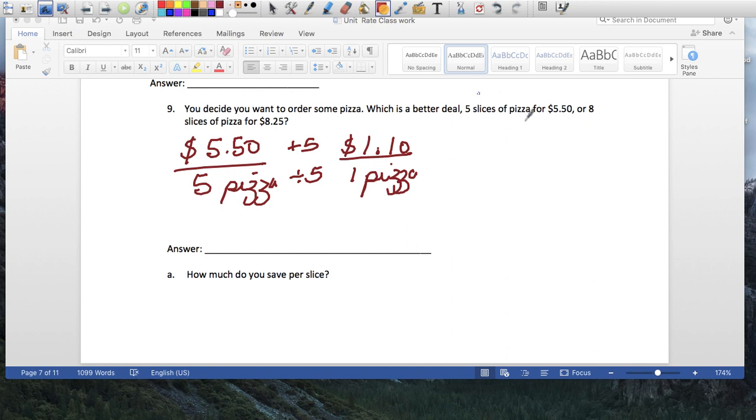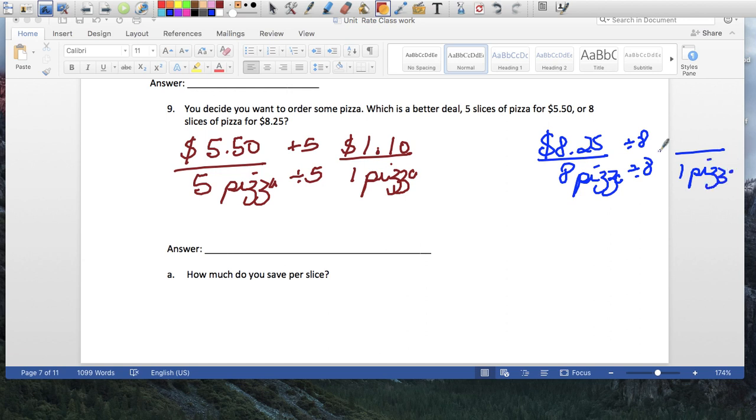The other deal is $8.25 for 8 slices of pizza. We divide this by 8 and this by 8 to get 1 slice. 8.25 divided by 8 gives us $1.03.